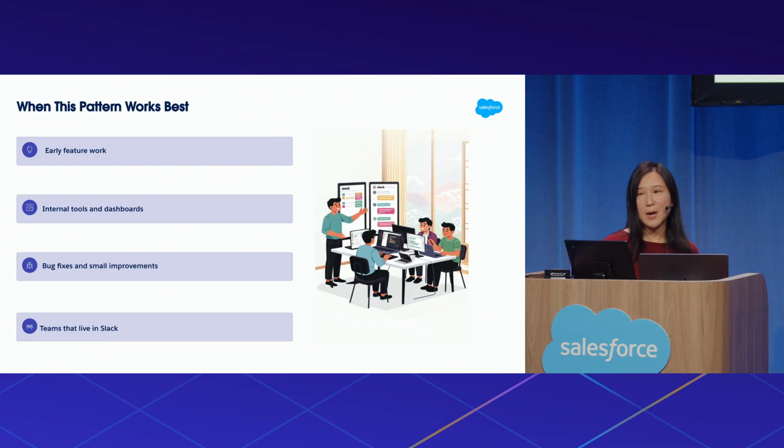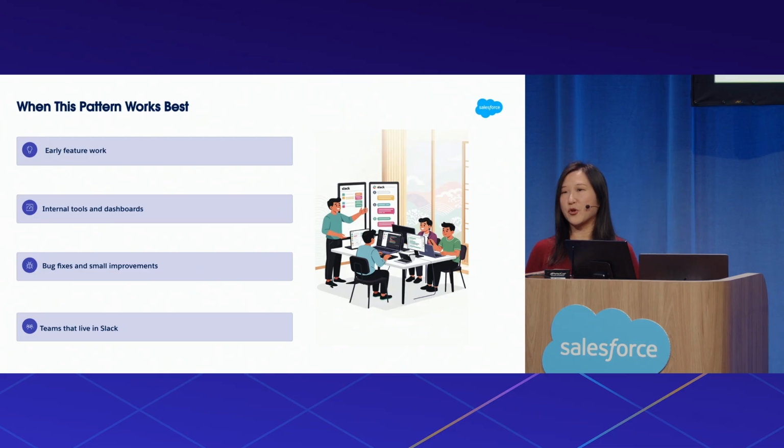So when would I recommend this pattern? Well, I would use it for early development work, like you want to have a proof of concept. Sometimes it's easier to see it than to just have discussions about it, and I would spin up an AI agent to do that. It could be small internal tooling that not many people use yet, or small bug fixes. Now, I wouldn't use it for huge legacy code where it's very complicated.